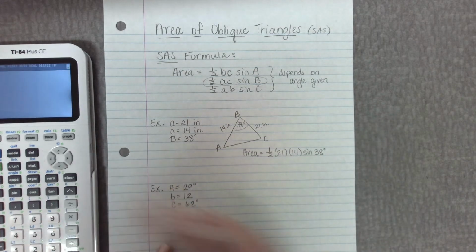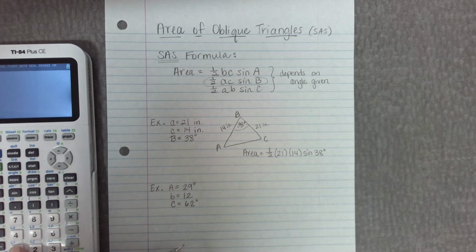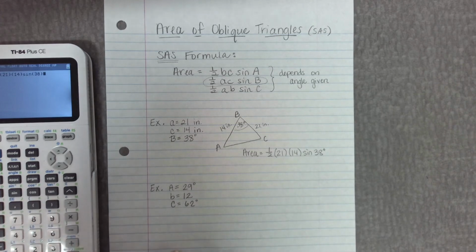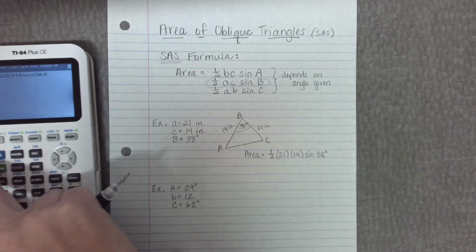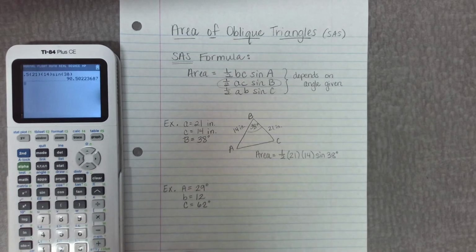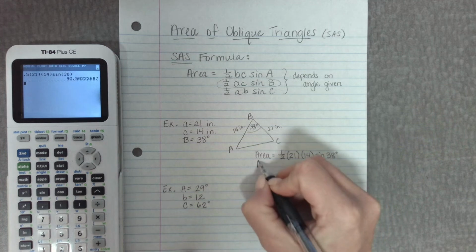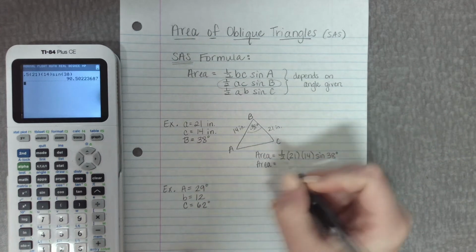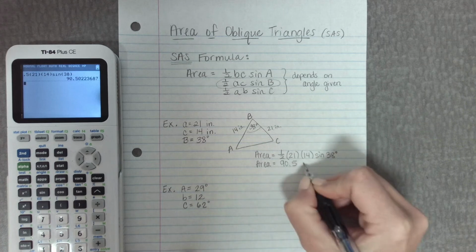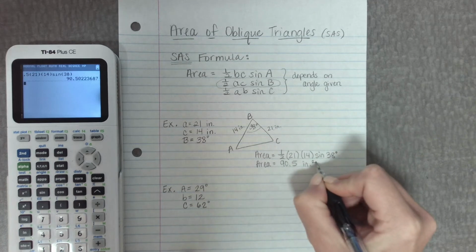You can just type that straight into your calculator: 1/2 or 0.5 times 21 times 14 times the sine of 38, and just make sure you're still in degree mode. You get 90.5. My units are inches, so I'm going to say 90.5 inches squared.